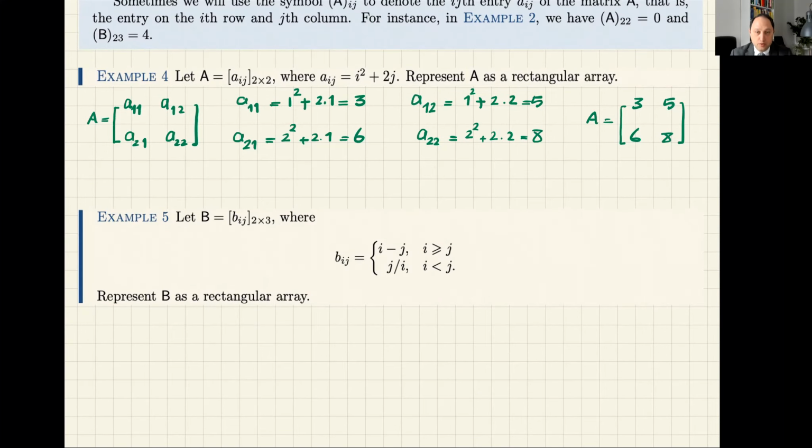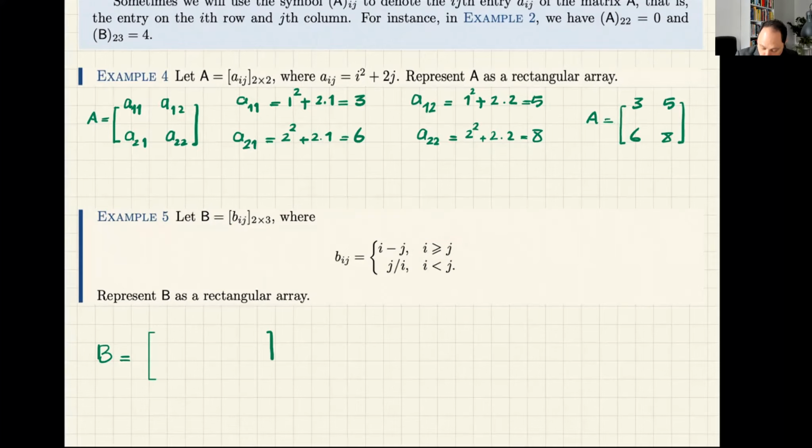The next problem is also the same, but this time my matrix is a 2 by 3 matrix. I call the matrix capital B and the entries are little b. Of course the formula has two rules depending on the values of the row and column indices. You are telling me that this matrix B is a 2 by 3 matrix, so it has 2 rows and 3 columns.